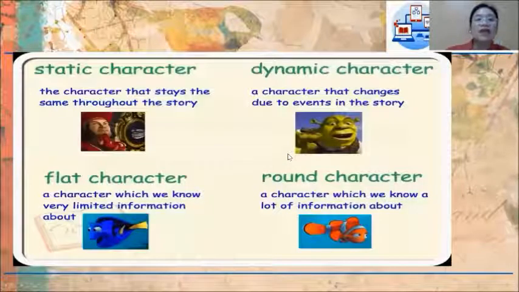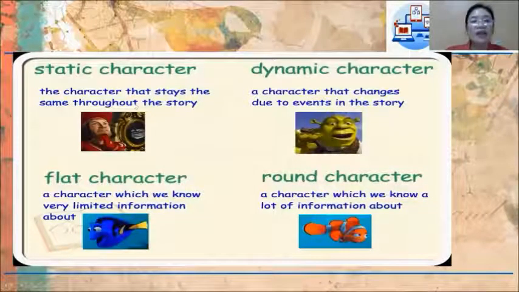Now, static characters are the characters that stay the same throughout the story. It is also termed as stereotyped, which means that only one or two characters that never change. For example, a wicked stepmother.